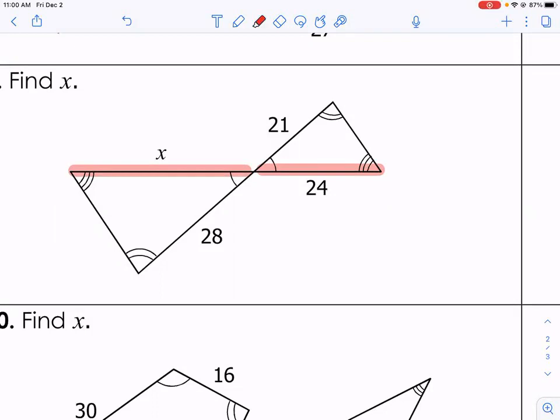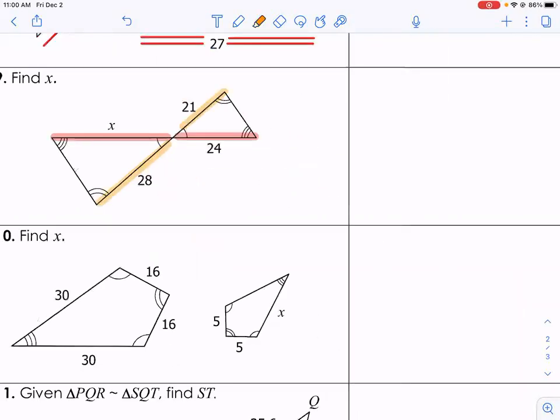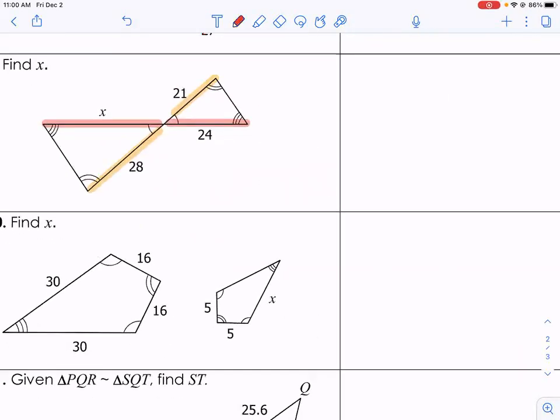So really that means that 28 corresponds with which side? All right, so I want you to set up a proportion and solve it. Make sure you and your elbow partner can get to the same answer.